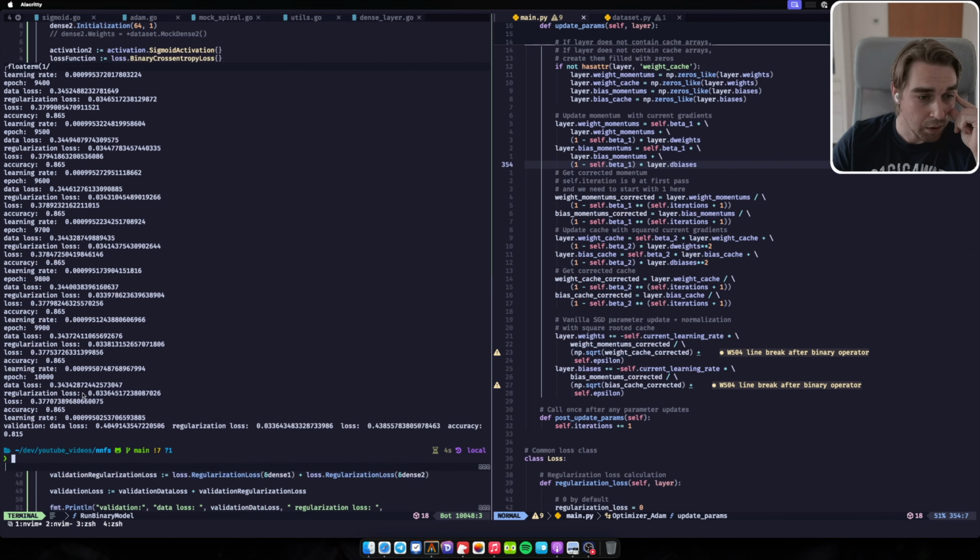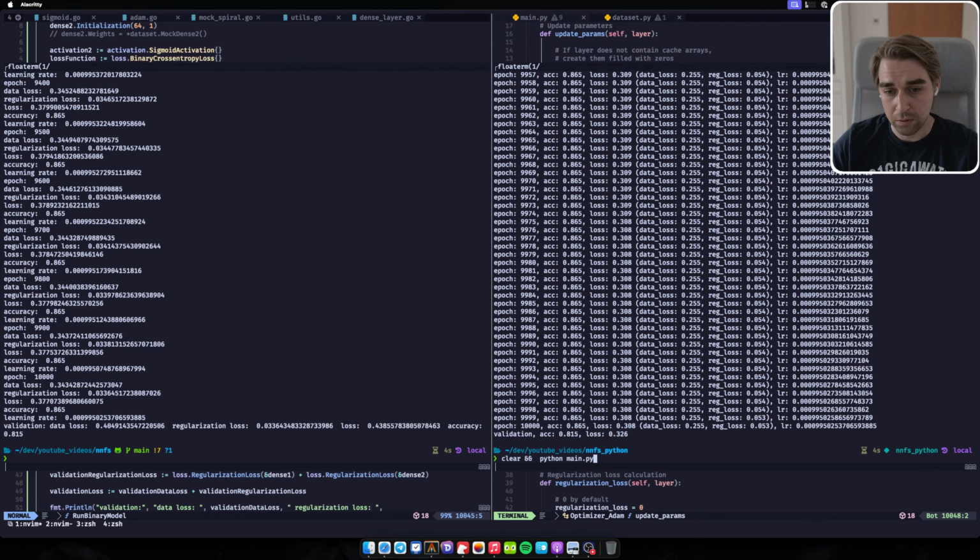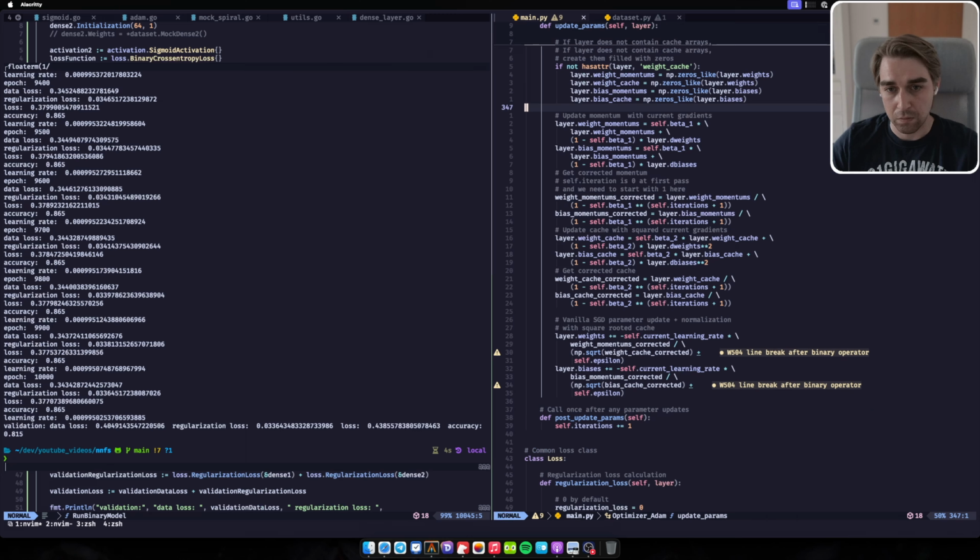For example, the accuracy here is 865, but on the testing data, well, here's 86%, here's 81. So that tells us that it goes towards memorization. So maybe we have too many layers. Maybe there is something else. We have a pretty low learning rate. We have low data loss. Regularization loss exists here too. But I would say it's actually so far so good.